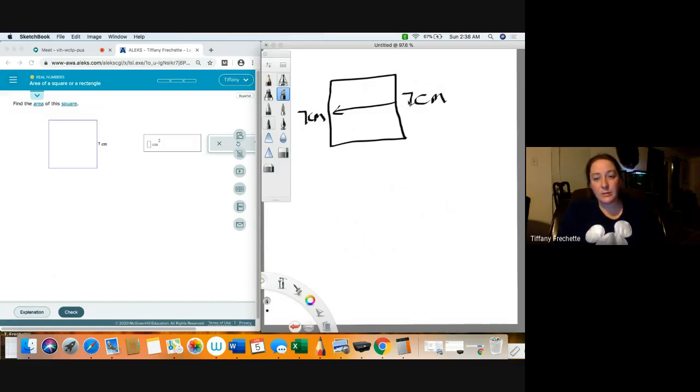If we remember the basic shape of a square, all the sides have to be the same length. That's what makes it a square. So if we know that, we don't really need to fill in all these sides. All we need are two sides. So all we need is a length and a width. We don't actually need all four sides to do area. So we just have length times width, and we get 49.